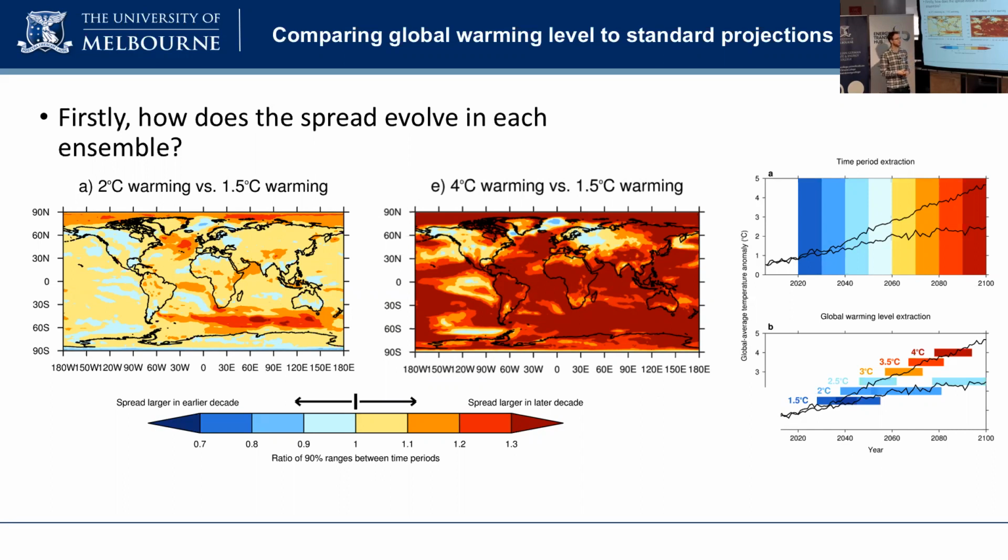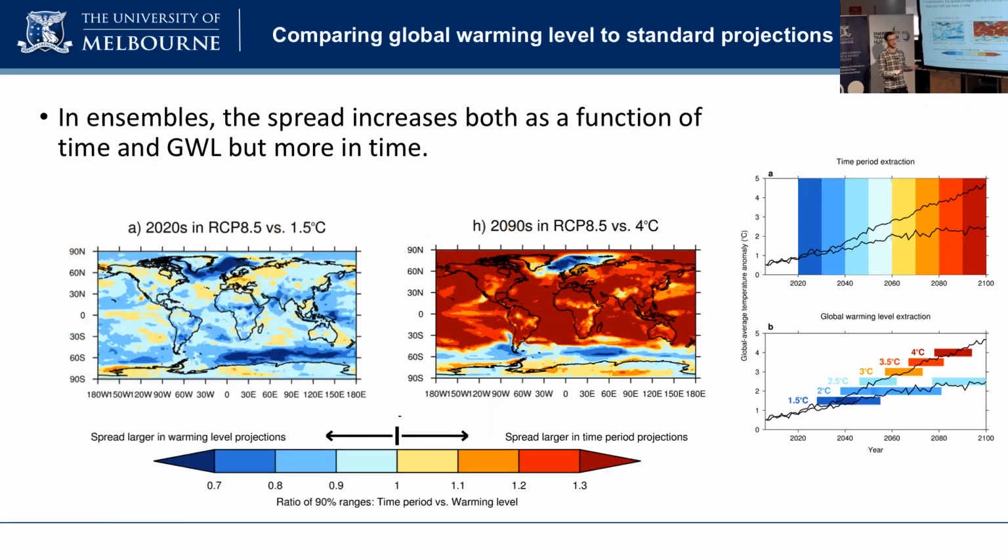So where time is also important in terms of the level of local warming, that causes the spread to increase. And this is particularly true in places like the Southern Ocean, where the warming is so slow that it's more time dependent than actual global temperature dependent, which is quite an interesting characteristic.